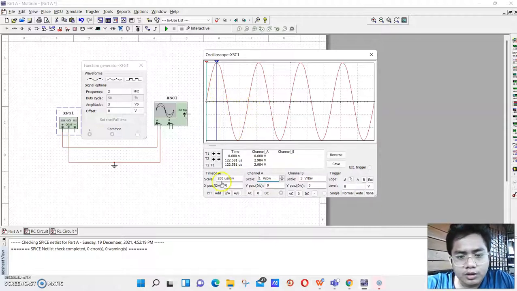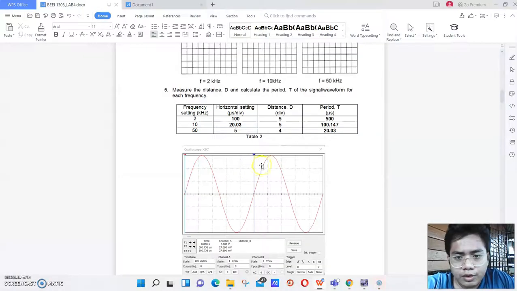So 200 microsecond multiplied by 2.5, we will get 500 microsecond. Therefore, the period for the 2 kHz frequency setting is 500 microsecond.